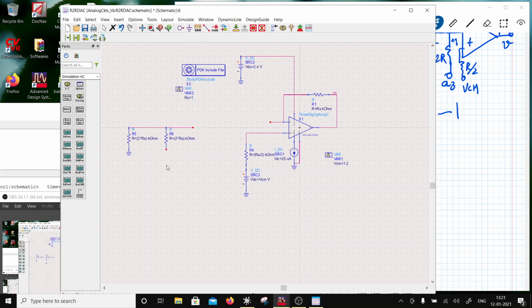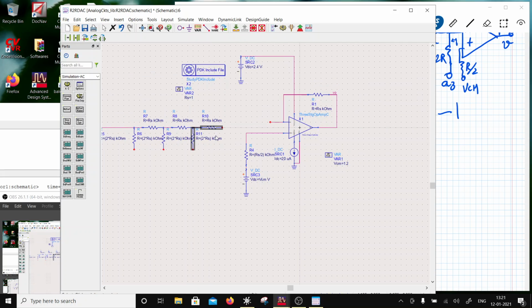This is going to be A1, A0, and then you're going to have RS. This pattern is going to repeat: A0, A1, A2, and then you have A3.